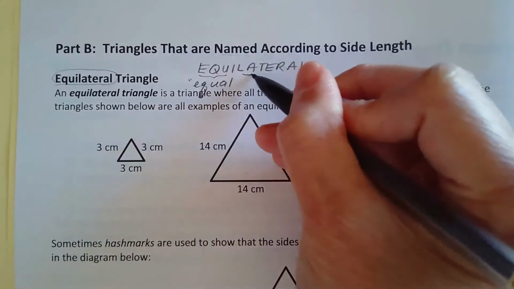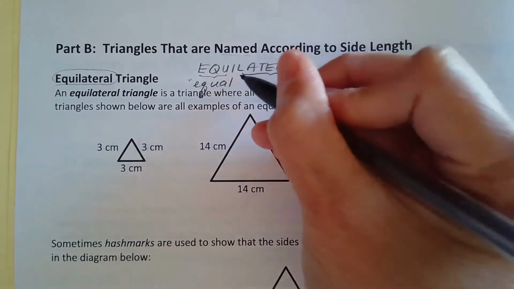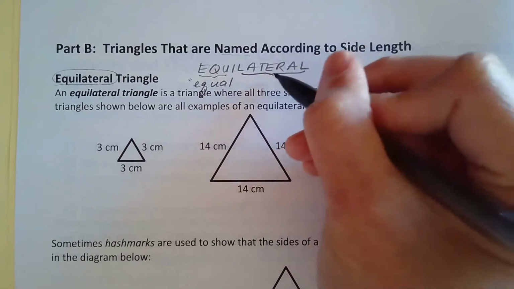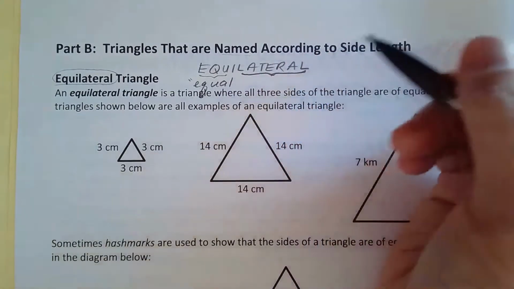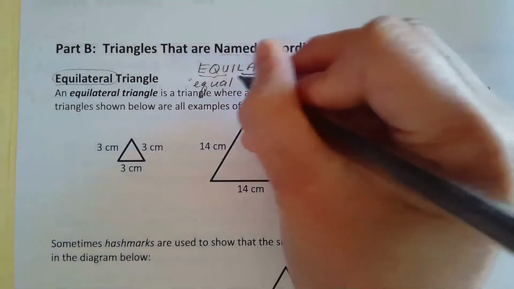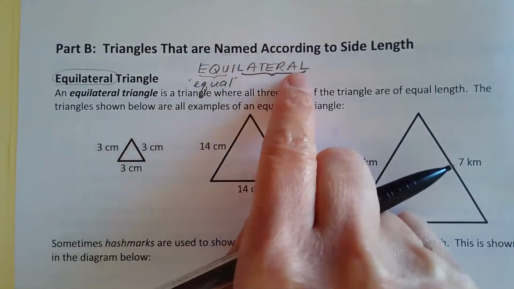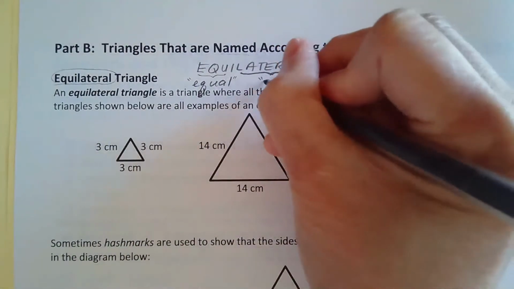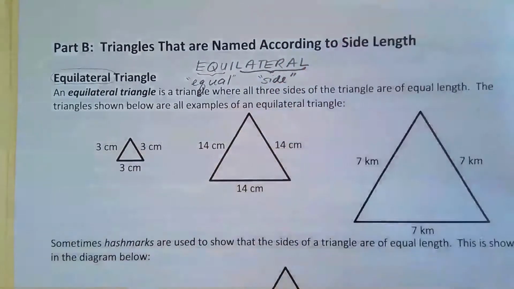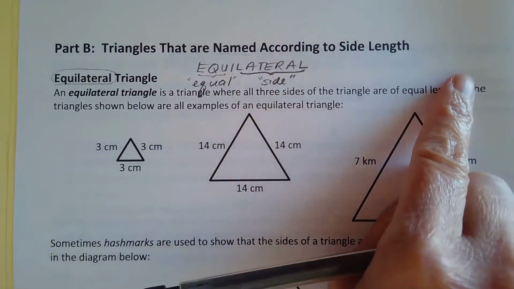And the word lateral is used in sciences, okay? When you say lateral, it means side. So equal for equa, and lateral means side. Put it together, equal side triangle.